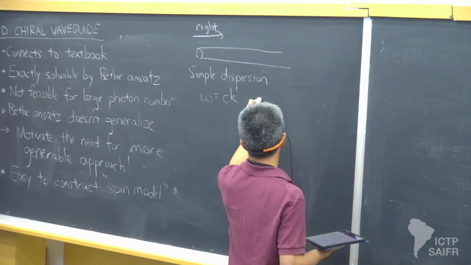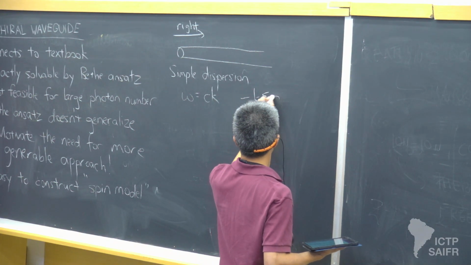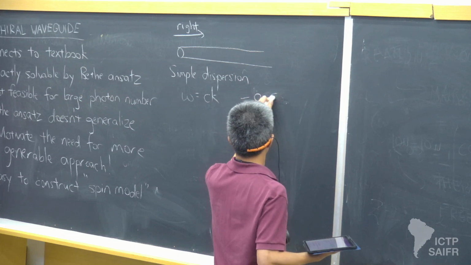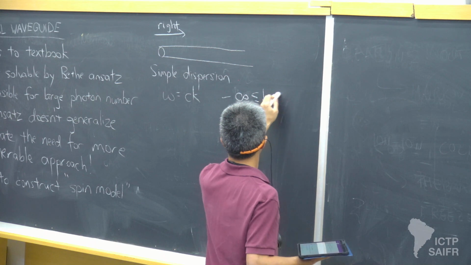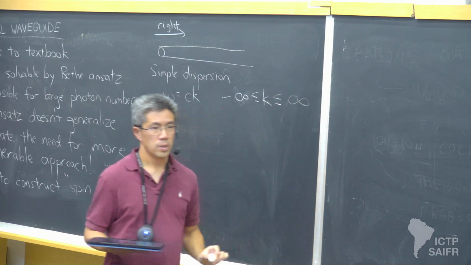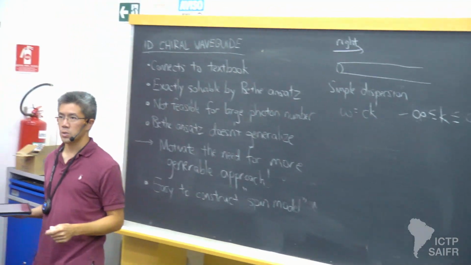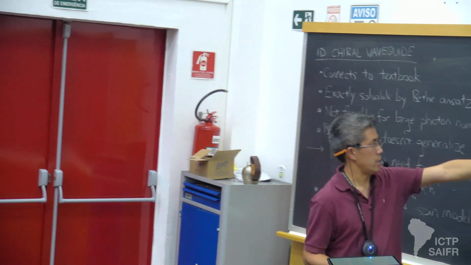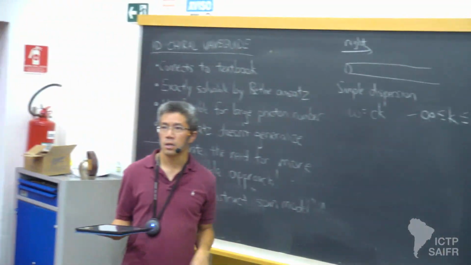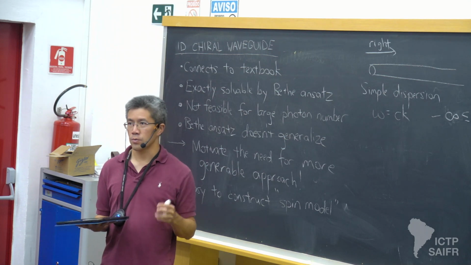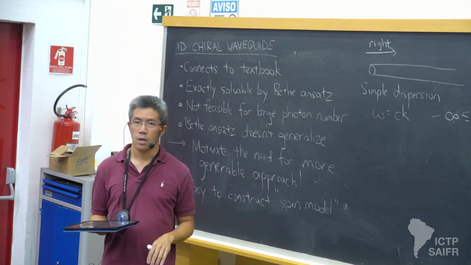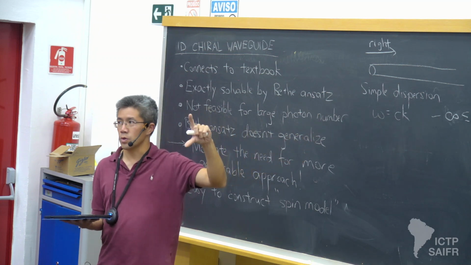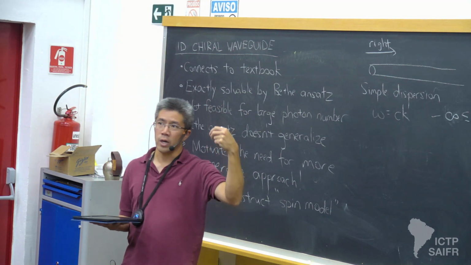Maybe one peculiarity is that we'll take the spectrum to be unbounded, okay? So whereas for real photons, k goes from 0 to infinity, here I'll actually allow k to extend to minus infinity. That just makes definitions of canonical quantum fields a little bit nicer. For resonant atom-light interactions, that doesn't really matter because the atoms have a resonance frequency. They'll only efficiently talk to photons around that frequency anyway.